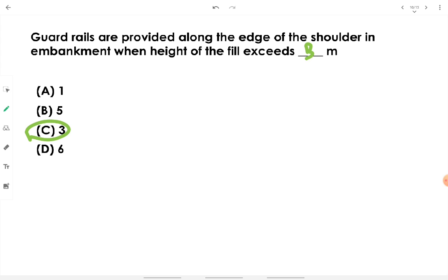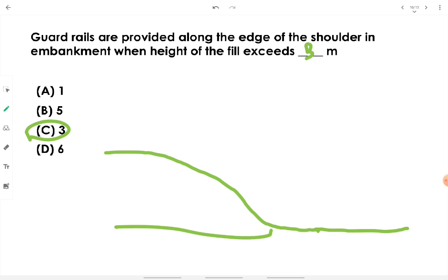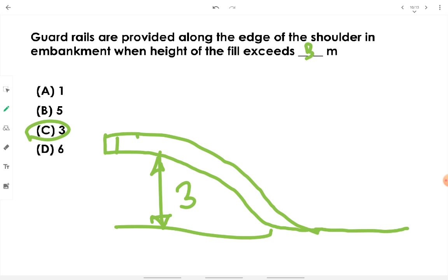For example, this is the normal road that was going perfectly balanced in cutting and filling. Now comes the elevated portion where the filling is exceeding 3 meter height. The elevation of filling is 3 meter. Now in order to make sure of safety there, we will provide guardrails.